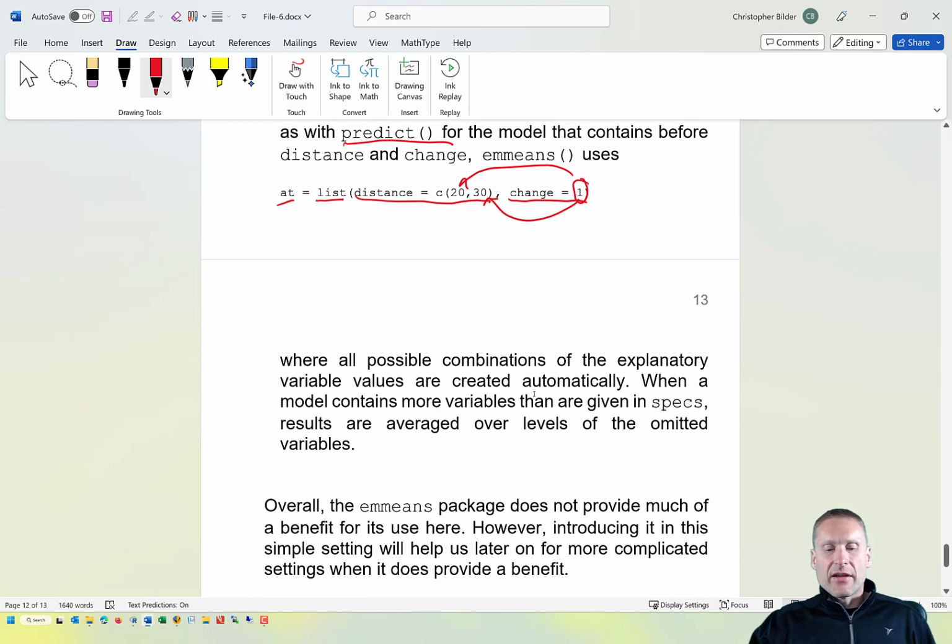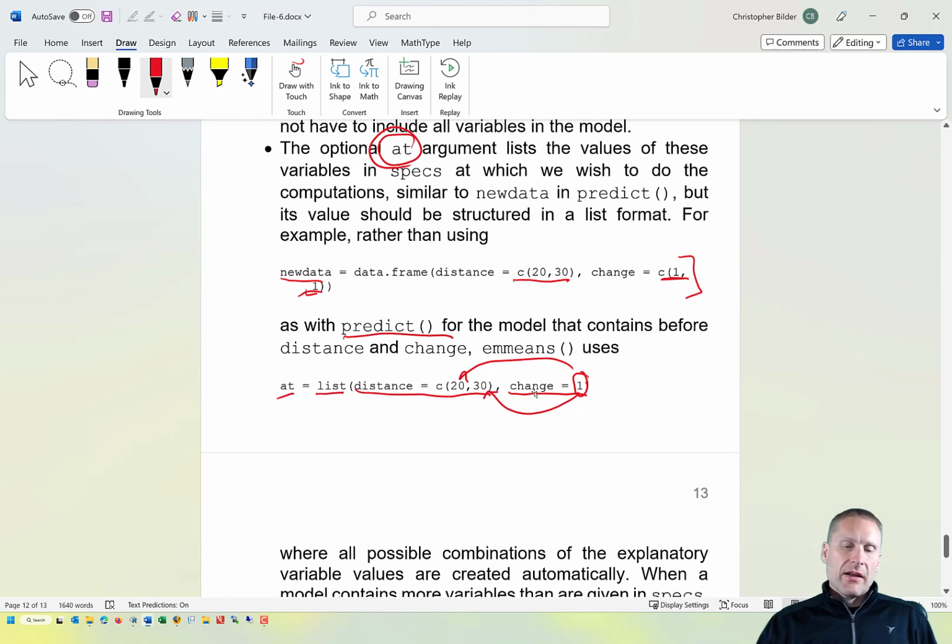One last thing here that I do want to mention is that, and it's in my notes earlier, but I think I failed to mention it during this recording, in the newdata argument in the predict function, the way that I introduced it was I put a data frame predict.data in there where I created this data frame outside the predict function. You don't have to do that.